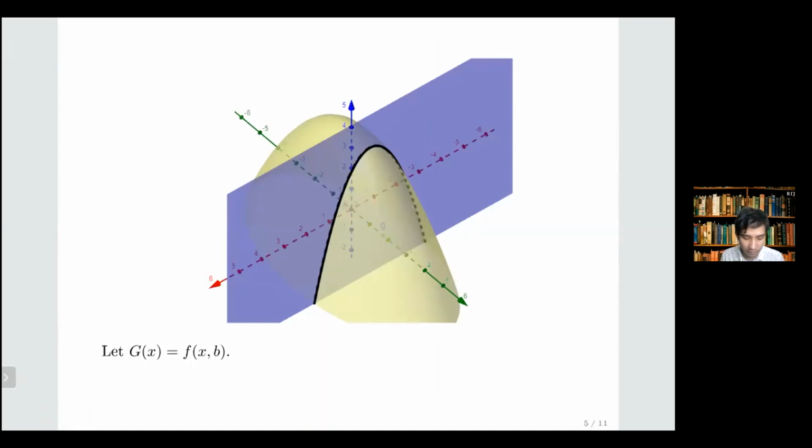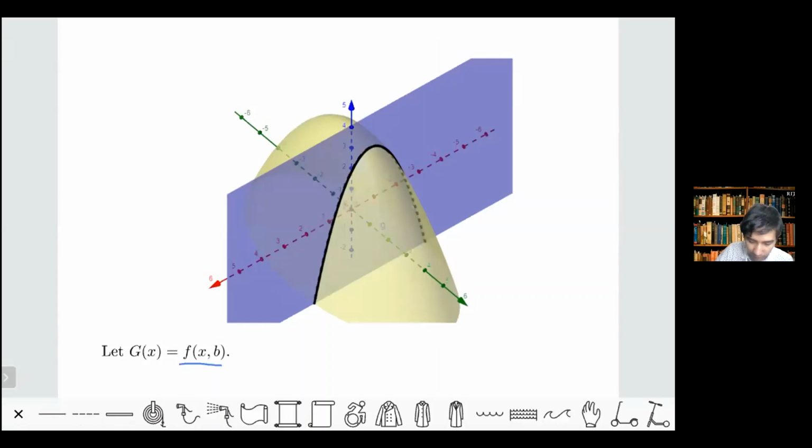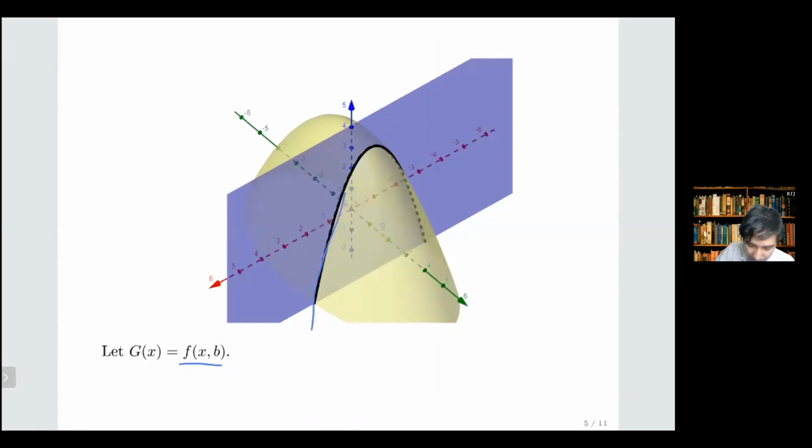If you think about it, it is the part of the surface f where y equals b. So this is actually the curve of intersection.